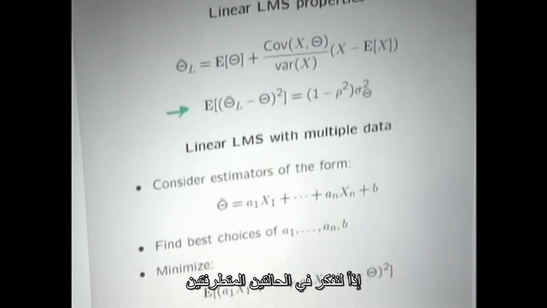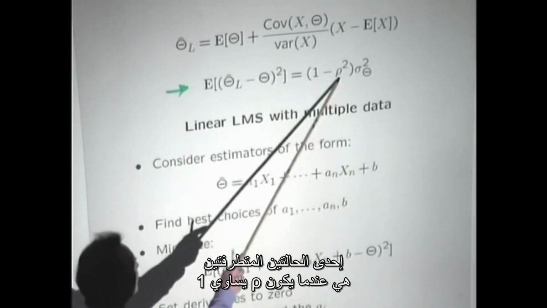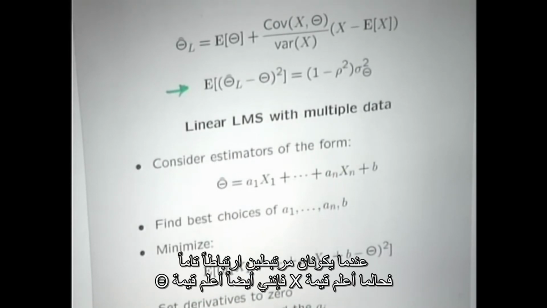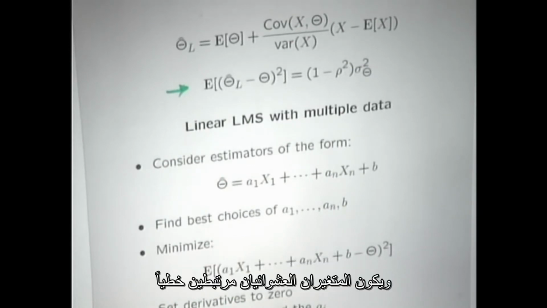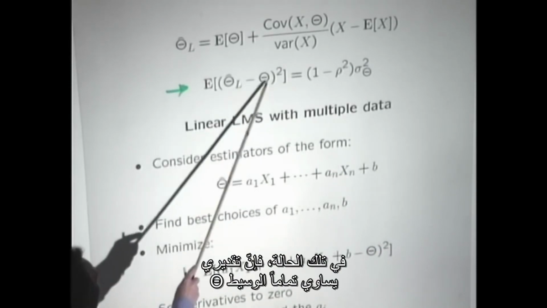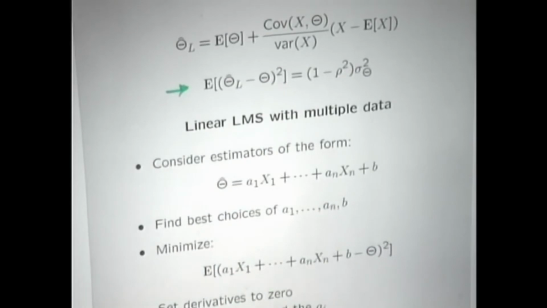So think of the two extreme cases. One extreme case is when rho is equal to 1. So x and theta are perfectly correlated. When they're perfectly correlated, once I know x, then I also know theta. And the two random variables are linearly related. In that case, my estimate is right on the target, and the mean squared error is going to be 0.